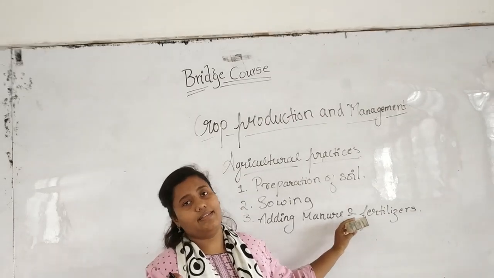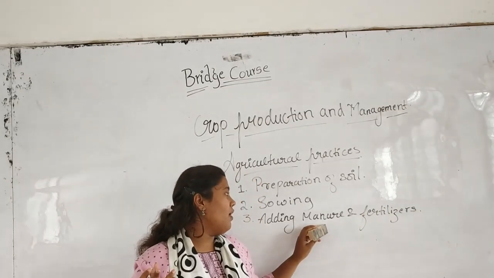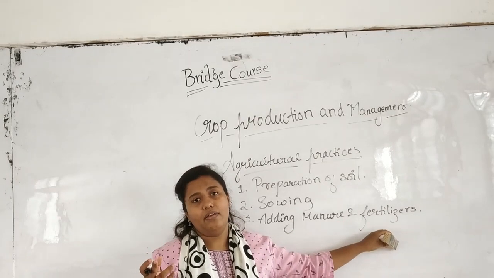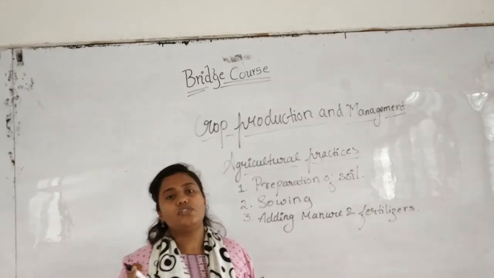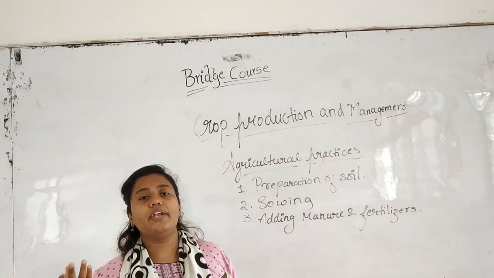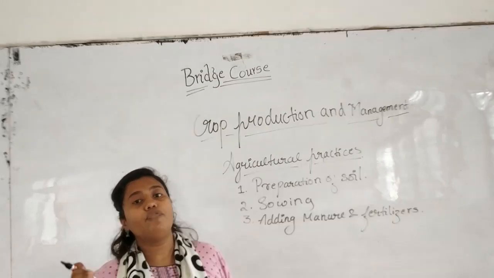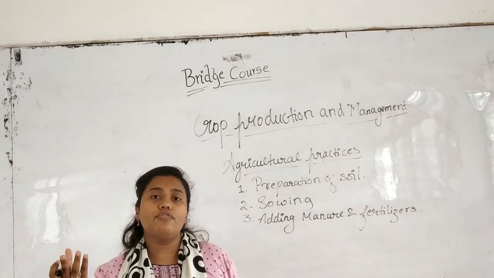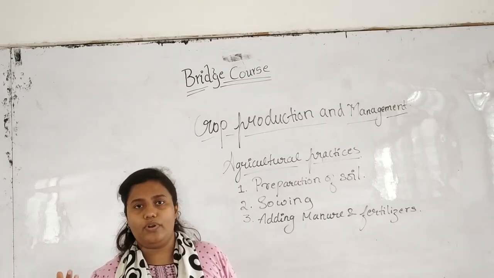Whereas what is fertilizer? Fertilizers are chemical substances. Manure is the organic substance, and fertilizer is inorganic. Okay. So manures and fertilizers are added to the soil to increase its nutrient quality, in the form of nutrients so that the growth of the plant is good or the healthy growth of the plant is promoted.